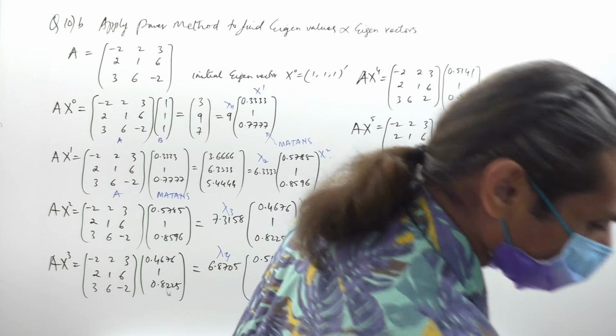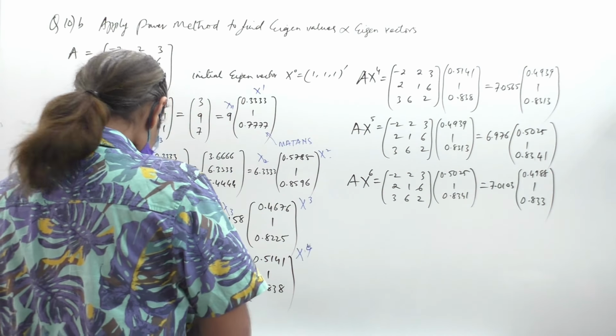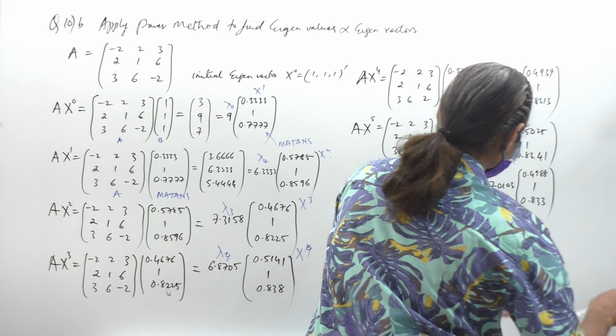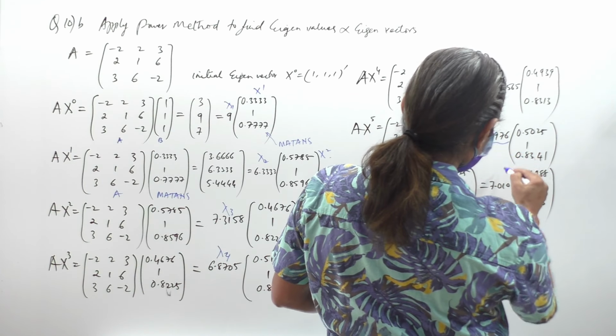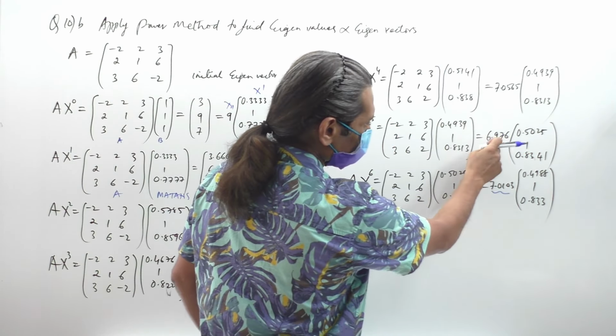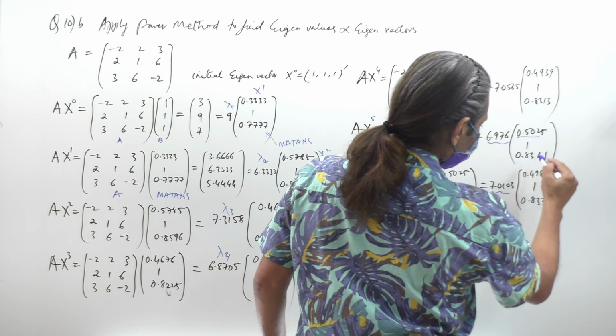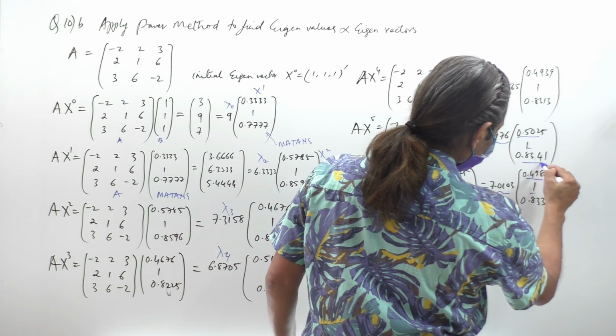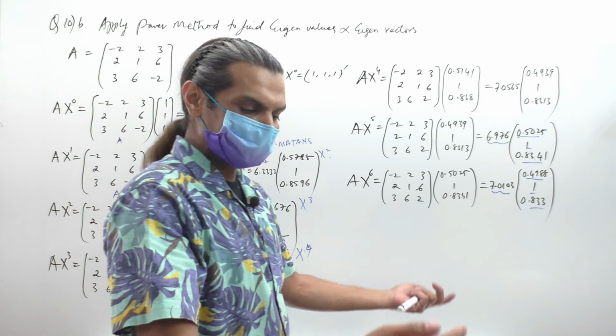I think we can stop here only, because see here the values are matching. See this approximately, they are the same, like 6.976 approx, 0.5, 1, 0.8303. That's all. So stop it there.